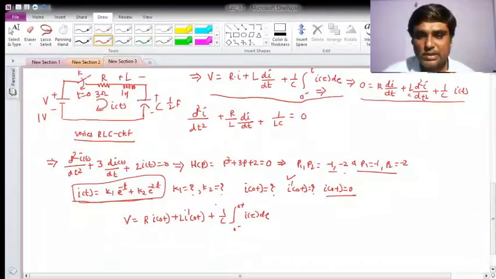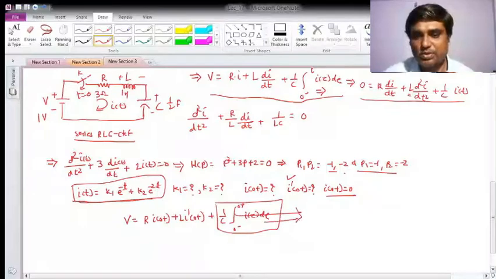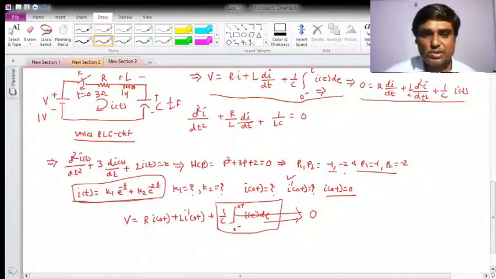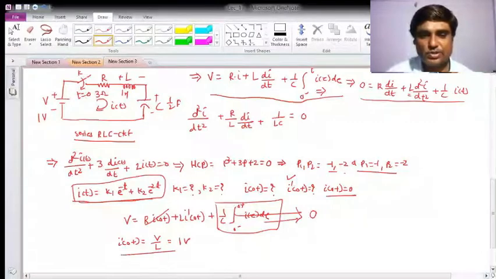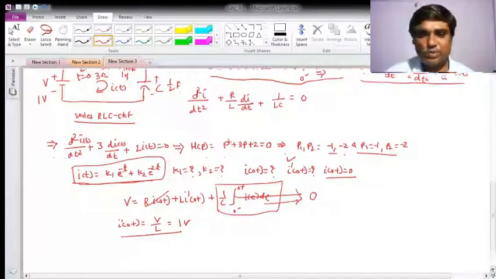There is no impulse present here, so the integral term vanishes, and R times I of 0 is also 0, so that vanishes too. So I dash of 0 positive will be V by L, where V is 1 volt and L is also 1. So I dash of 0 positive is equal to 1.